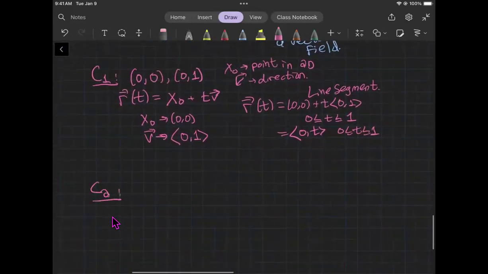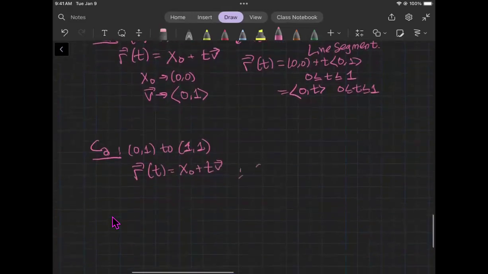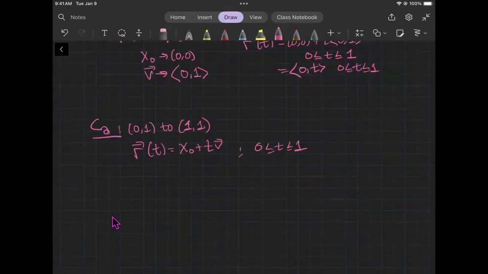The second curve goes from the point 0, 1 to 1, 1. And this is just another line segment, right? So we're going to use the definition of the parameterization of a line segment again, with t ranging from 0 up to 1. So x naught is the initial point where it starts, so it's 0, 1.